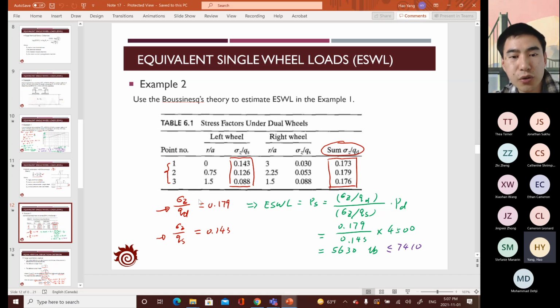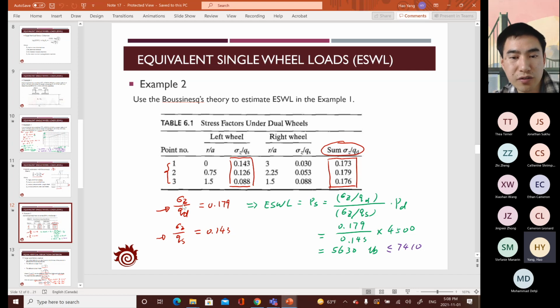For the dual wheels, you need to find the maximum value of all these 3 points. In this case, the highest value is 0.179. For the single wheel, you also need the maximum value of these 3 points, which gives the highest value of 0.143.